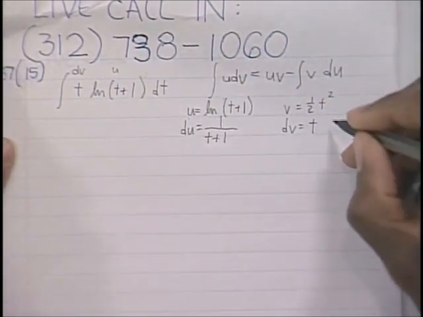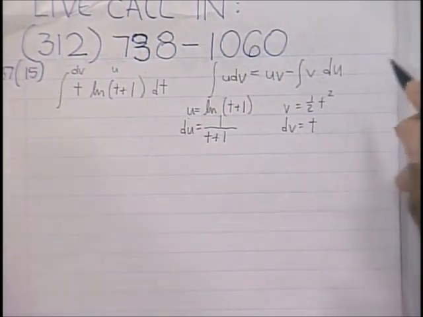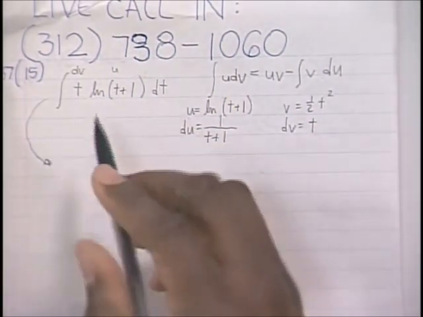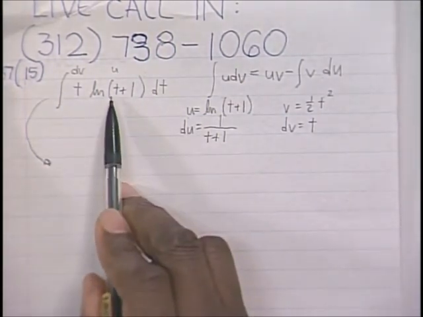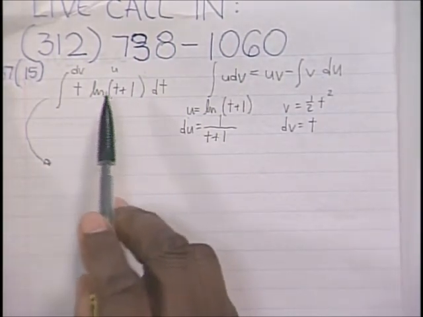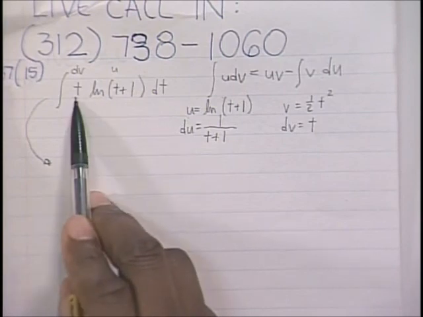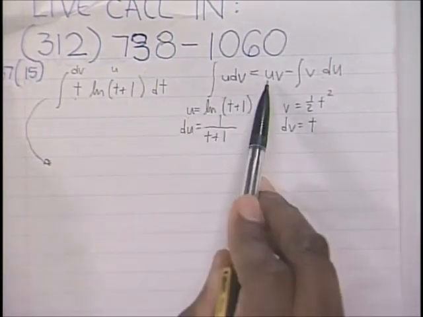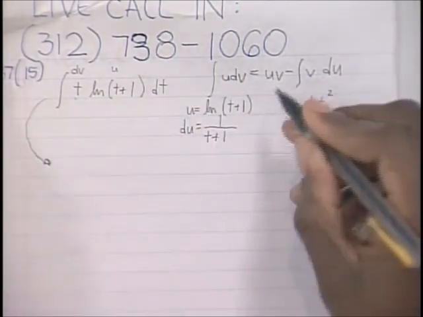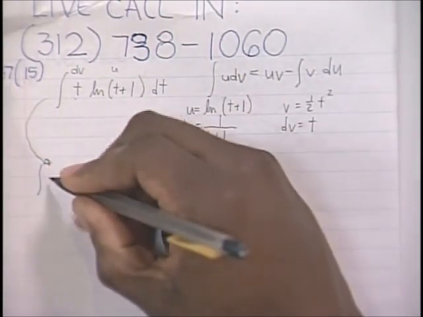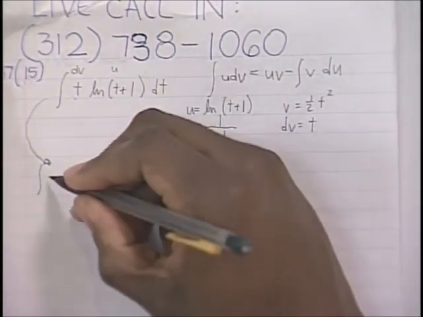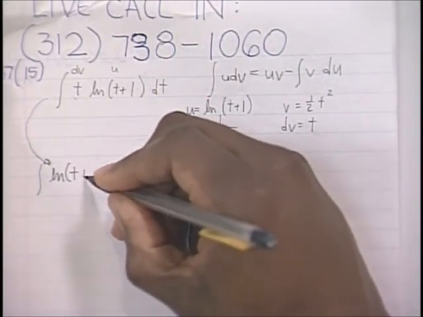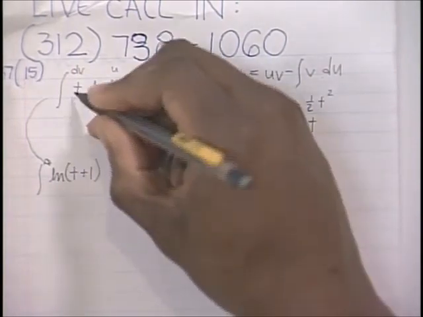All right. So now you have the original problem, which is the antiderivative of u dv. You have a u and you have a dv. The way you take the antiderivative of u dv is right here. So you have the antiderivative of u natural log t plus 1 times t.